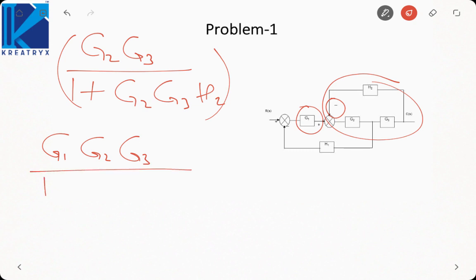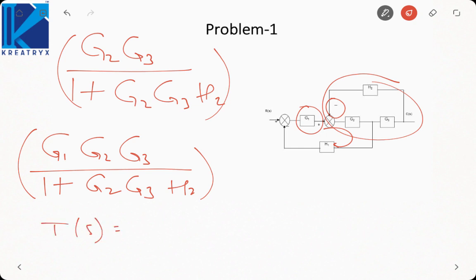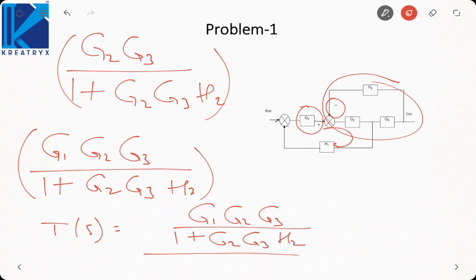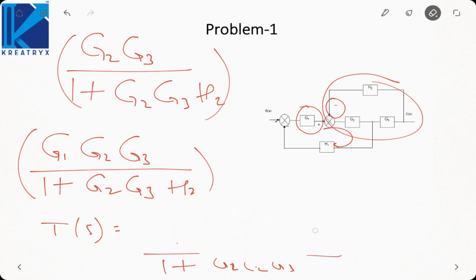In cascading, we multiply the transfer functions of the different blocks.